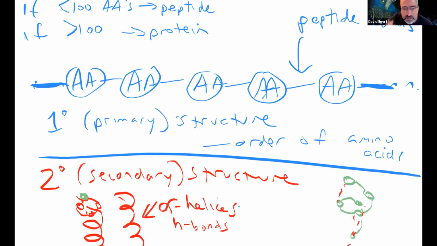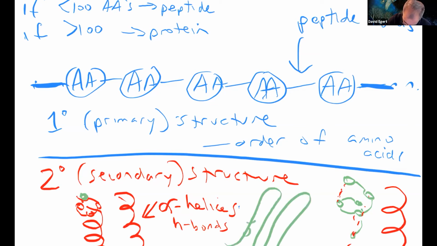So it stabilizes as these helices, these spirals, due to the hydrogen bonding between every third amino acid. The other possibility is sometimes they create what are called beta pleated sheets. So instead of making spirals, they make these big, more sheet-like structures like this.